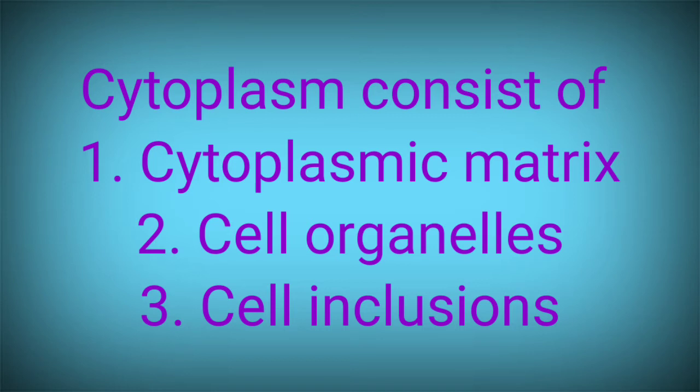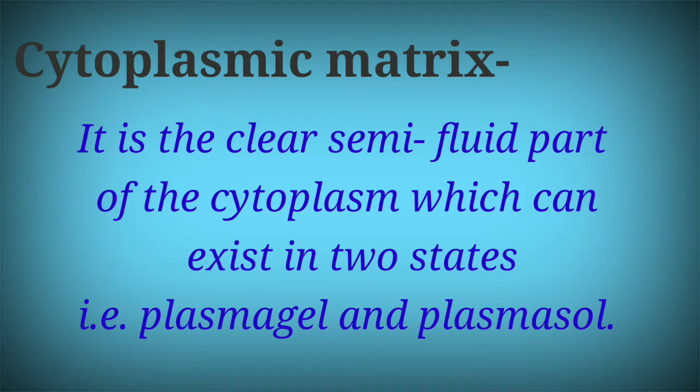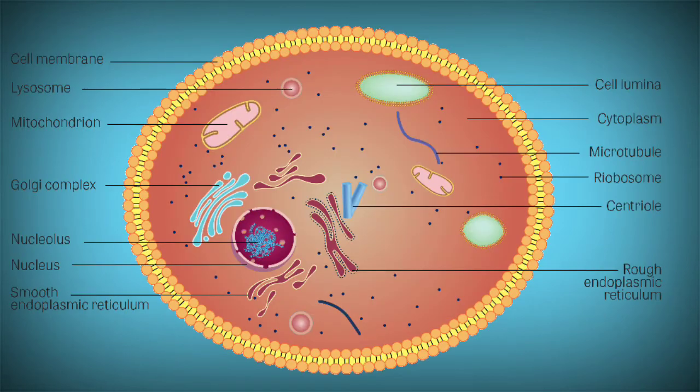The cytoplasmic matrix is the clear semi-fluid part of the cytoplasm, which exists in two states, that is the sol and the gel, which are also called the plasma sol and plasma gel.